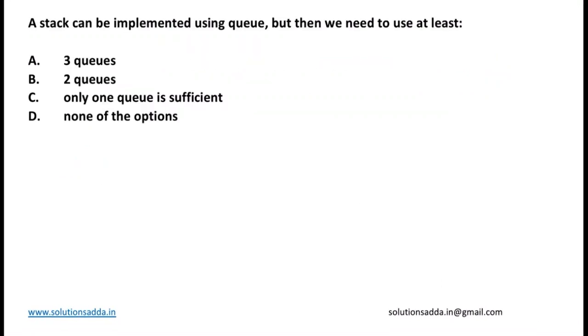This is a question from data structures. A stack can be implemented using queue, but then we need to use at least. Options are 3 queues, 2 queues, only 1 queue is sufficient, or none of the options. The correct answer for this question is option B, 2 queues. So it is already telling us that a stack can be implemented using queue, but how many queues are needed to implement a stack? So we need 2 queues to implement a stack.